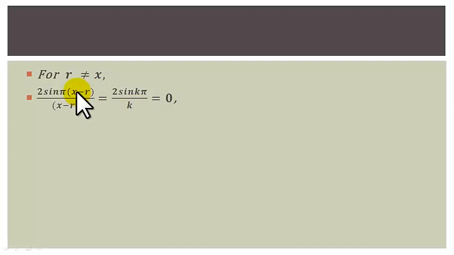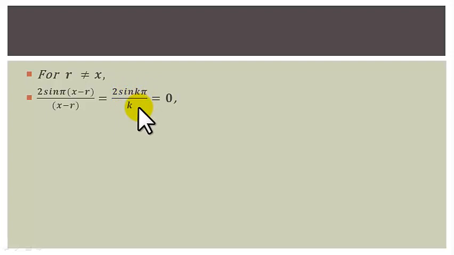That is, if r is not equal to x, that means x minus r will give us some integer. r is an integer, x is an integer, so x minus r will also be an integer. So let us denote this integer by k. So that will give us 2 sine k pi all over k.